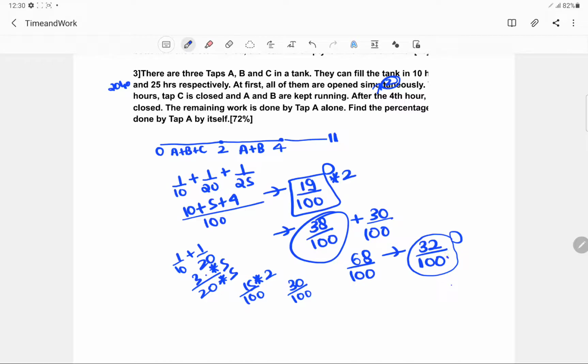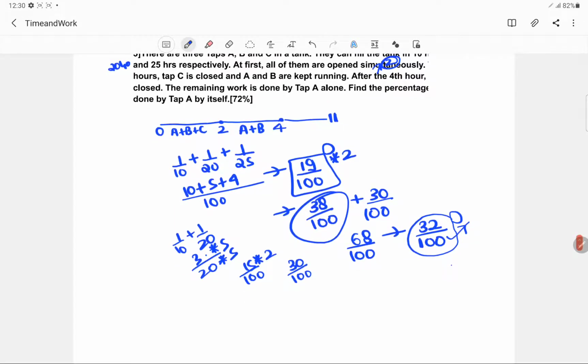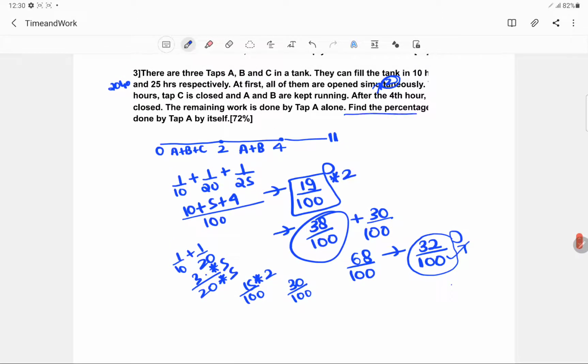So 32 out of 100 will be filled by A itself in the last few hours. What we are asked is, find the percentage done by tap A by itself. If 100 liters of the tank had to be filled, 32 it will fill alone, that is for sure.